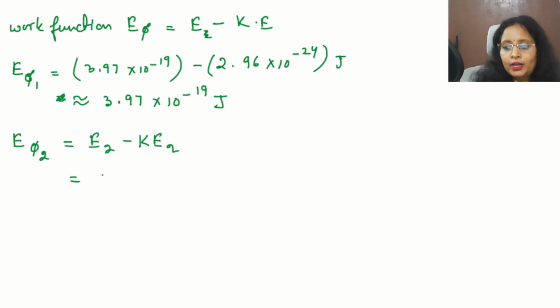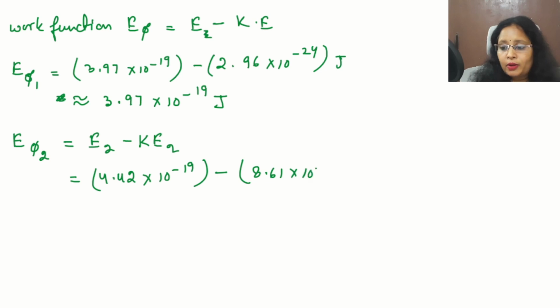So E2 value, as we calculated, is 4.42 into 10 to the power minus 19 joules, minus kinetic energy 2, which is 8.61 into 10 to the power minus 24 joules.